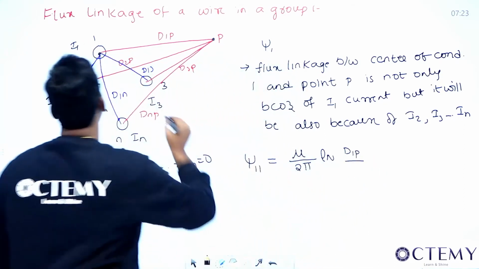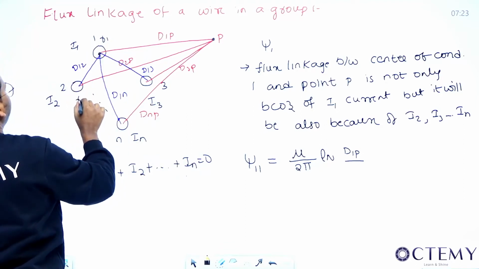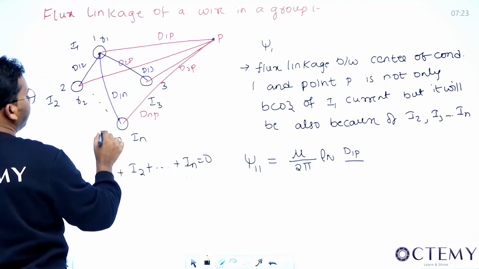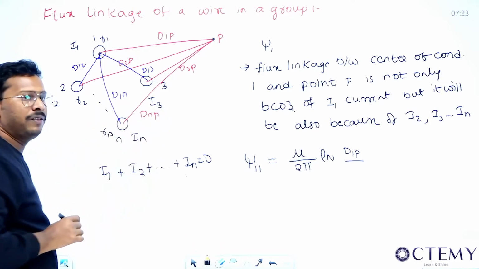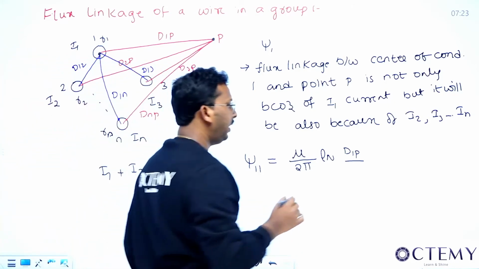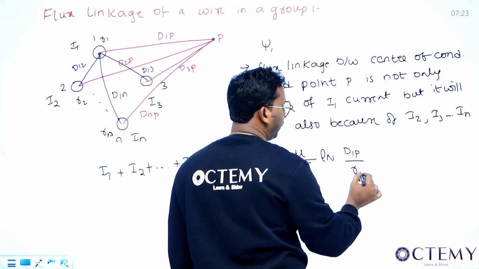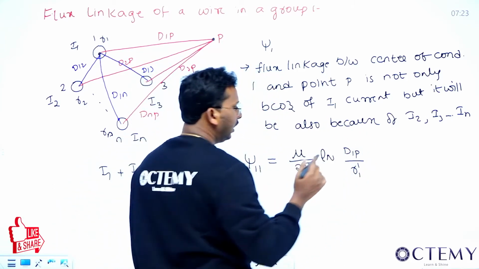Let the radius of this be r1, let the radius of this be r2, let the radius of this be r3, this is rn. If it gets complicated, let us take all the radii as similar, r. So let me write r1 here. It will be simply r dash, right?